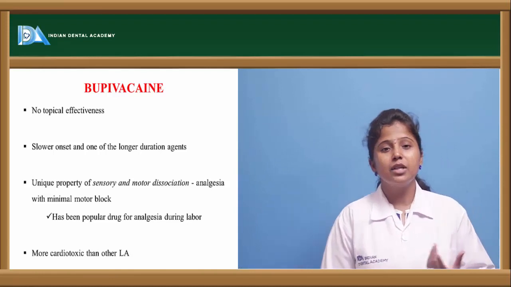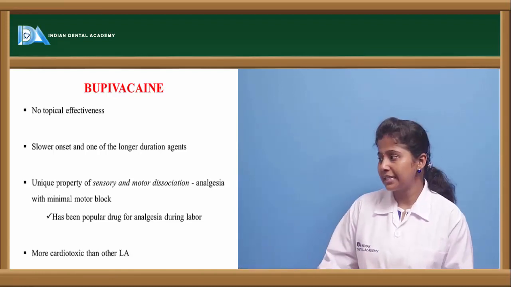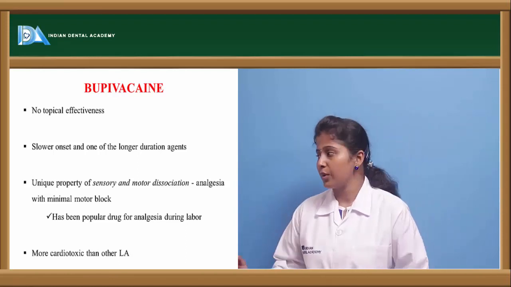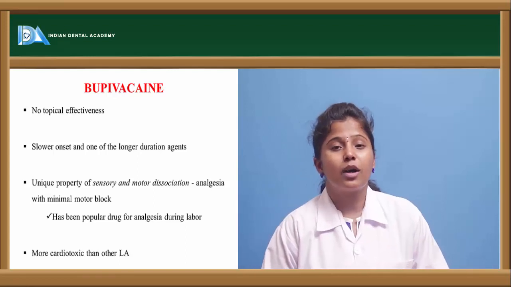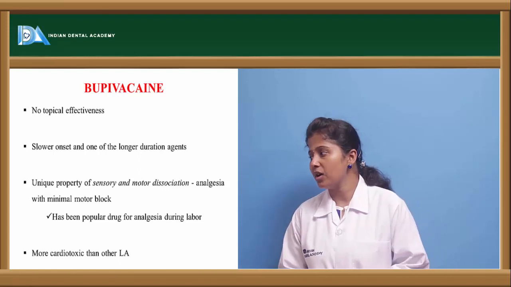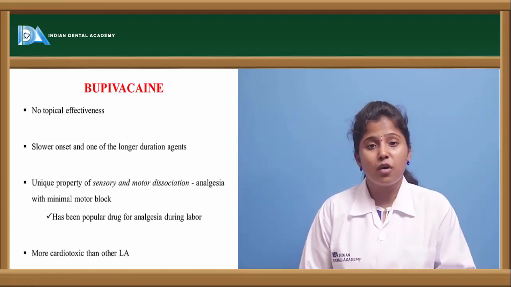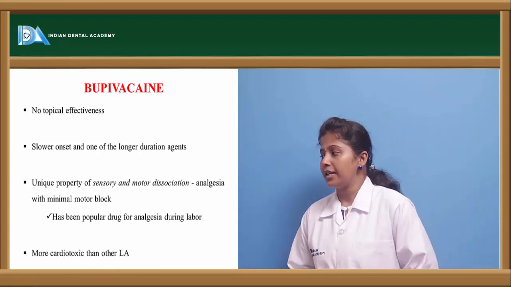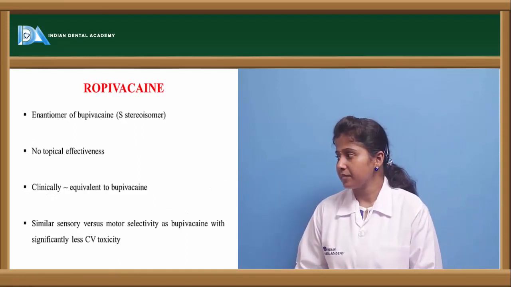It has a unique characteristic feature compared to other local anesthetics: it causes sensory and motor dissociation, whereby it blocks the analgesic action of the CNS, and it is cardiotoxic compared to other local anesthetics.